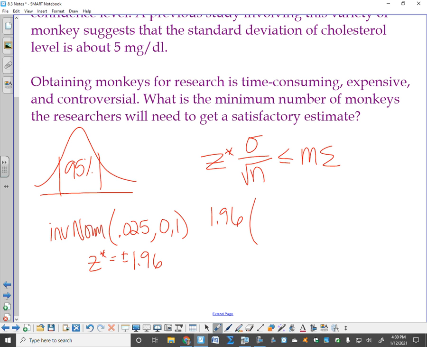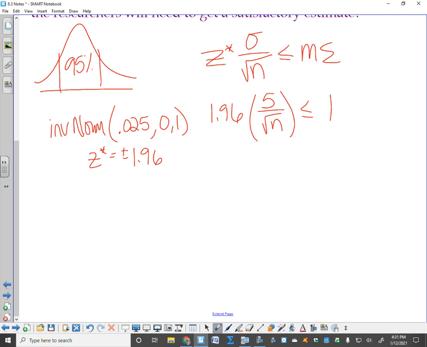They gave me the sigma from the other study, which was 5. I don't know N. And I want my margin of error to be less than or equal to 1. Okay, so let's talk through what we're going to do algebra-wise here. First things first, I'm going to divide by the 1.96.